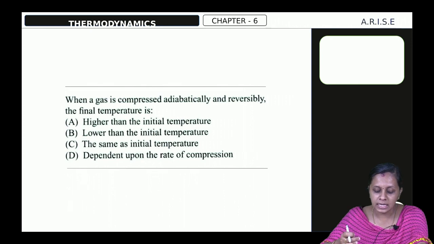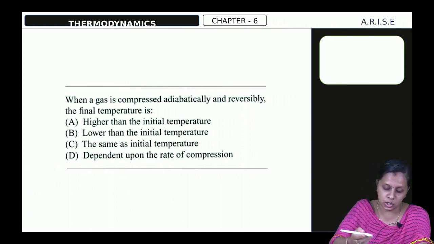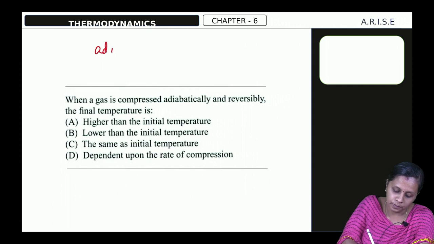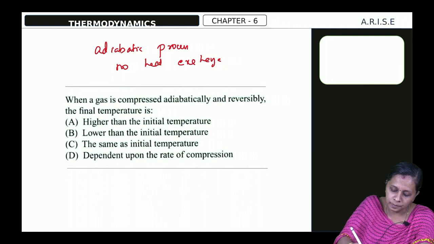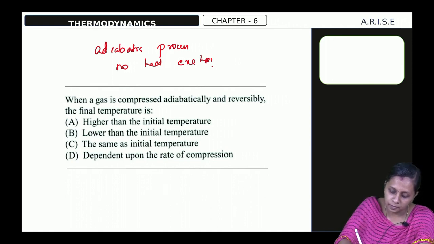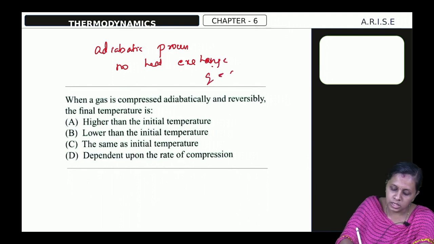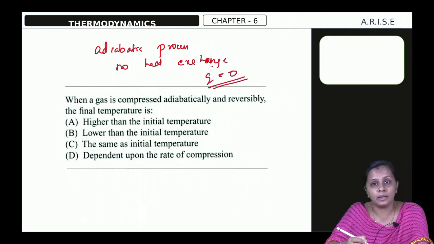When a gas is compressed adiabatically and reversibly, the final temperature is what? What is an adiabatic process? In an adiabatic process, there is no heat exchange. Or we can say Q is equal to 0 for an adiabatic process.